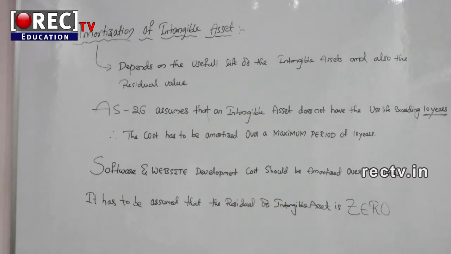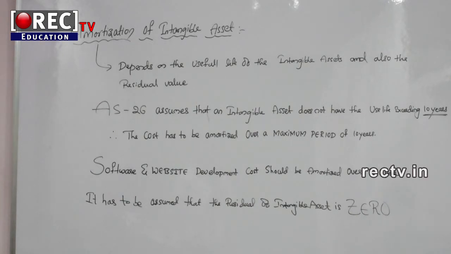However, if the enterprise is able to prove that the life of the intangible asset is greater than 10 years, then amortization may be made over such an extended period. So we said that an intangible asset does not have a useful life exceeding 10 years, but if it is 15 years or 20 years, the management has to prove it and amortize over 15 or 20 years.